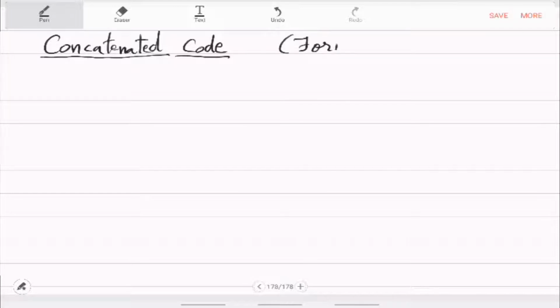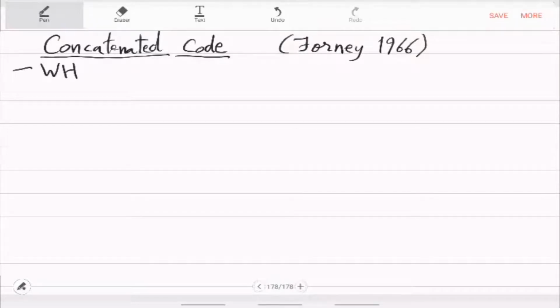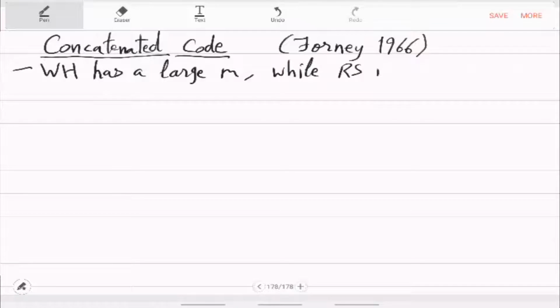And these are also old, first given by Forney in 66. So, Walsh-Hadamard is very good distance wise, it is also binary, but the problem is it is very long, right. So, Walsh-Hadamard has a large length m, while Reed-Solomon uses a non-binary alphabet.